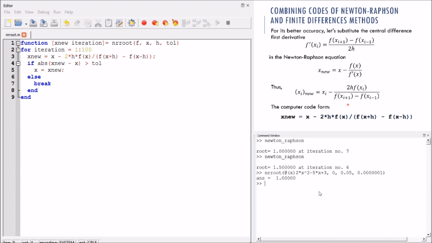So again, let's do some small modification here. Equals to, let's call it x and I, and x equals 1 and I equals 7, the number of iterations.